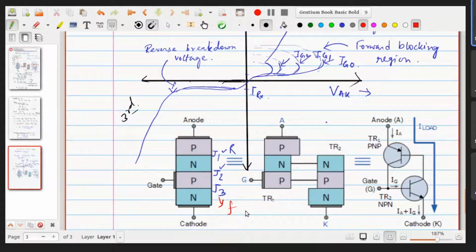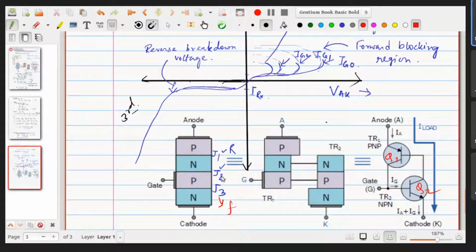Then what happens in this condition? The equivalent transistors, Q1 and Q2, will remain in cutoff, and a very small reverse leakage current is going to flow.